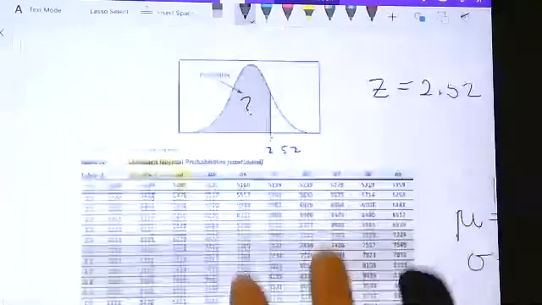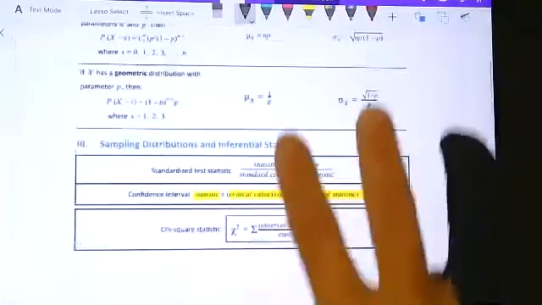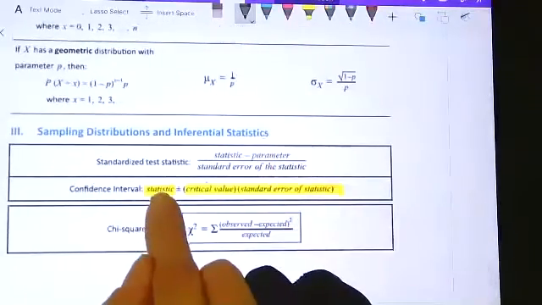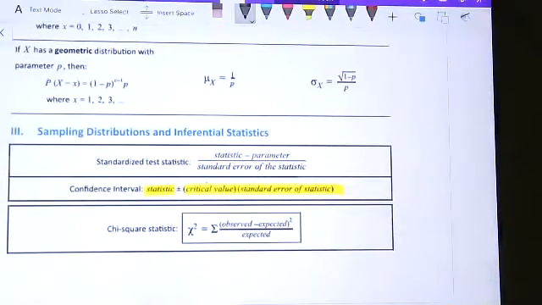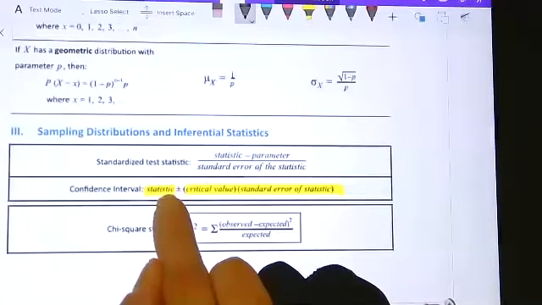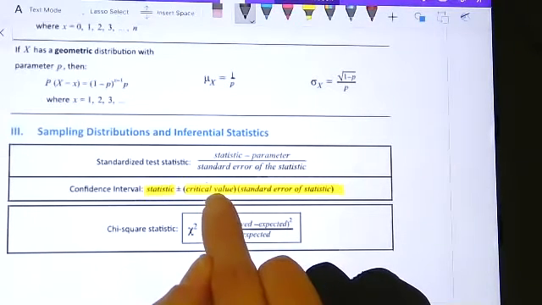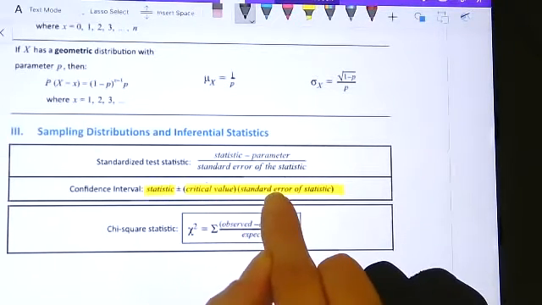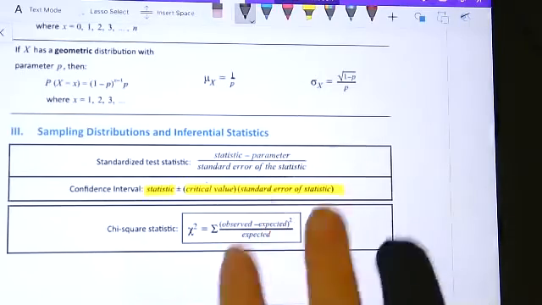So if I go back to our formula sheet, here is the generic formula for a confidence interval. It's your statistic, x bar 1 minus x bar 2 is the statistic in this case, plus or minus the critical value, that's the t star, multiplied by the standard error of the statistic.